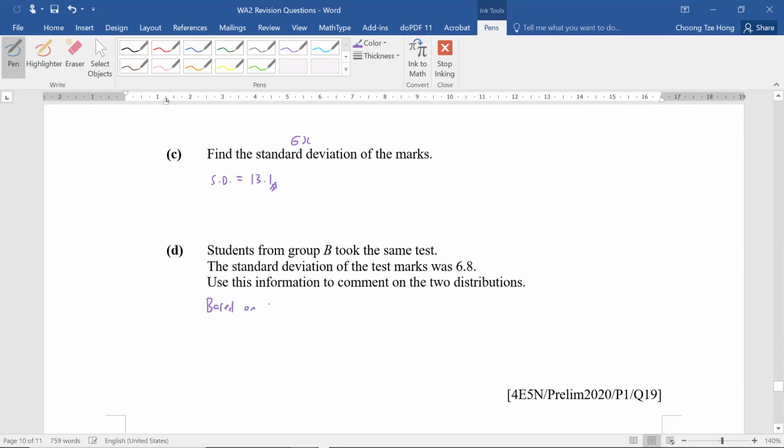So based on the lower standard deviation in the test score for group B, the students in group B have a greater consistency in their test scores.